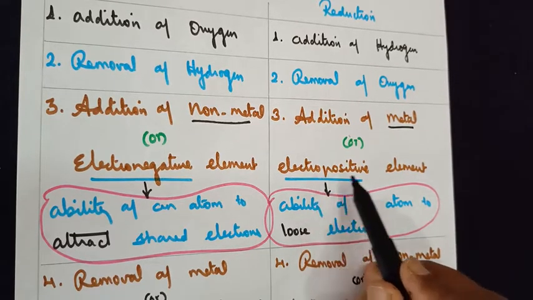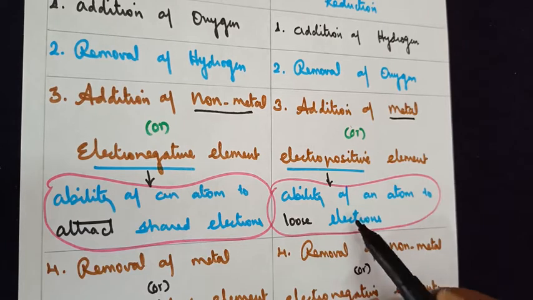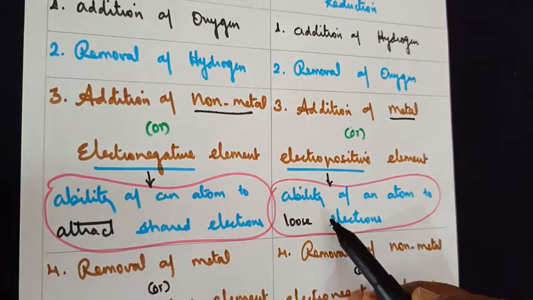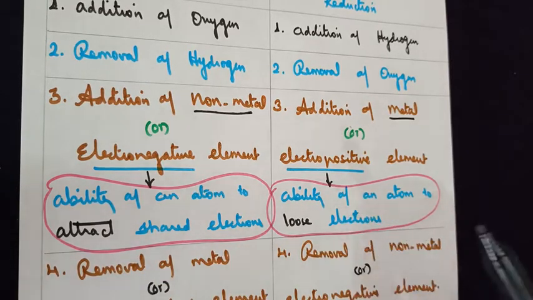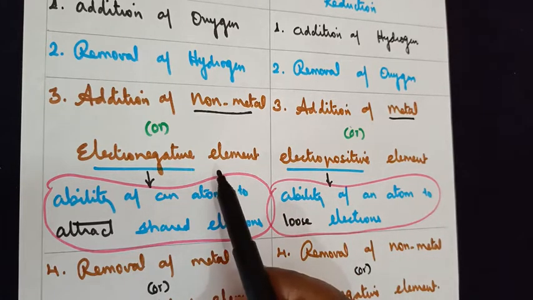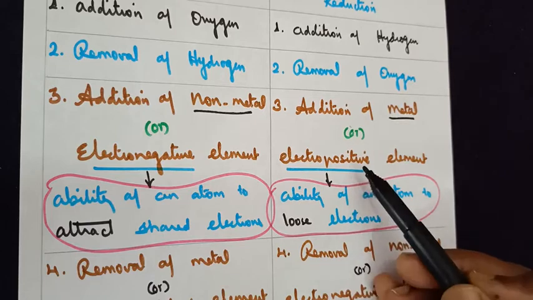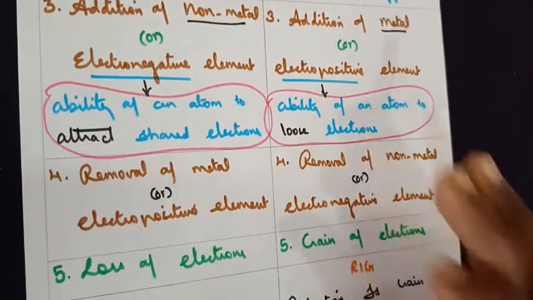That's the meaning of electropositive element, the ability of an atom to lose the electron, or you can say donate the electron. If they are accepting, they are donating. If they are attracting, they are losing. These are the words you can use. So I hope you are clear with the meaning of non-metal or electronegative element, which accepts the electron, and metal or electropositive, which loses or donates the electron.